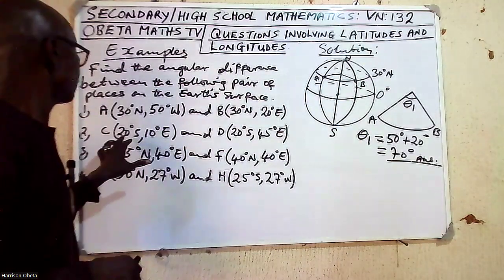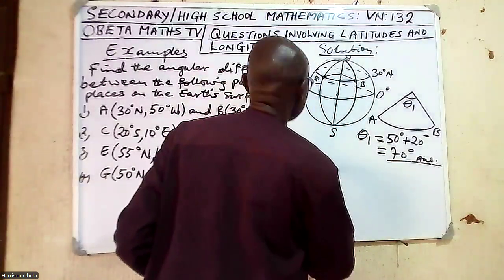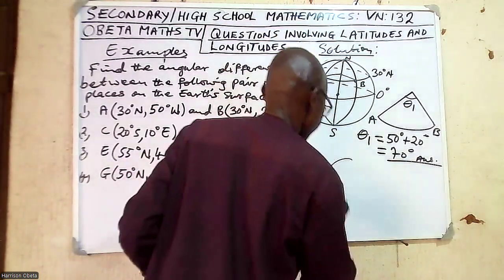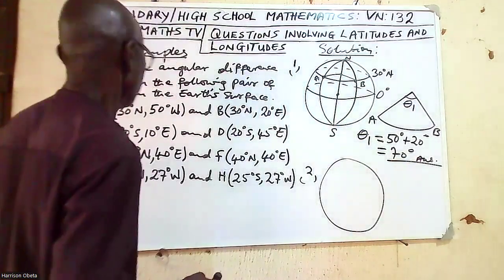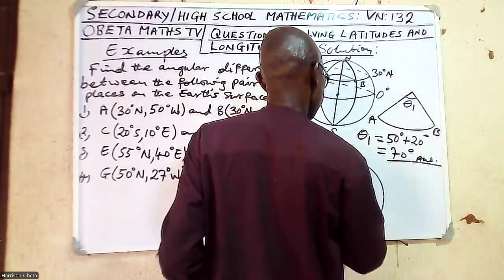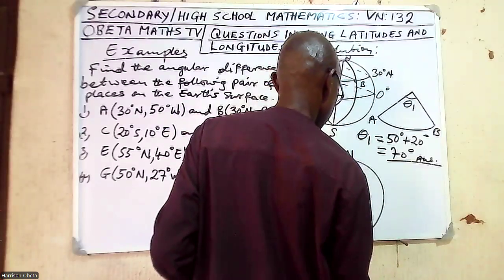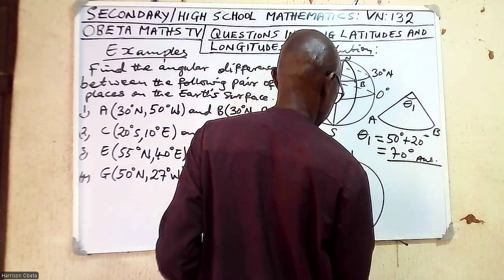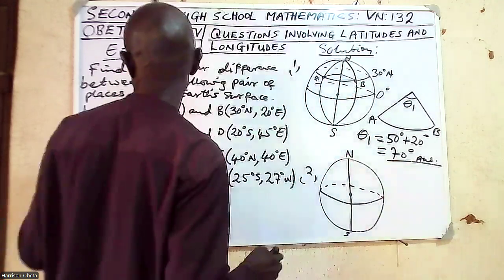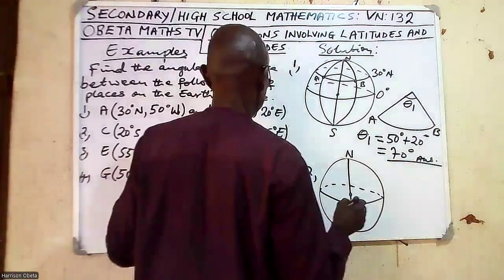Then the second one, let's see how we can do it. Let us draw it here. This is 1, this is 2. Then we draw and indicate. Okay, this one says 20 degrees south, 10 degrees east.